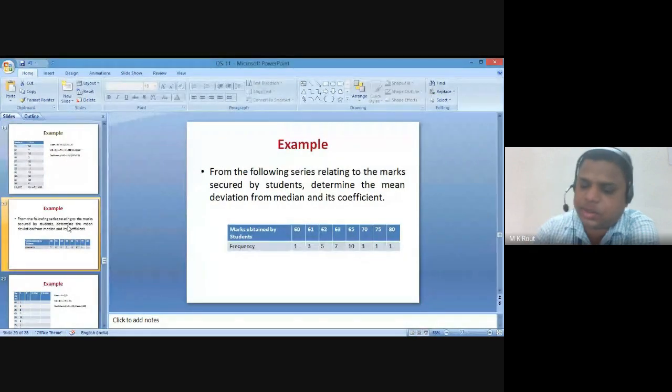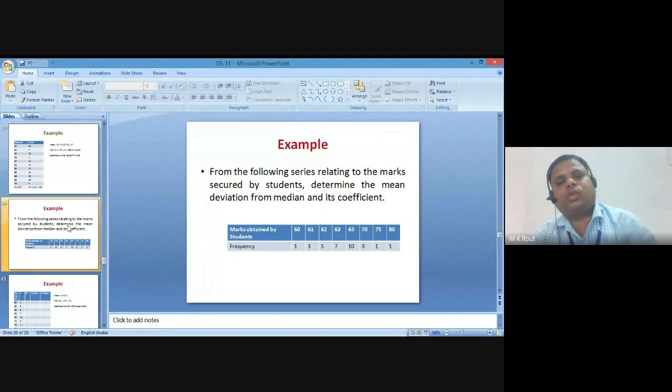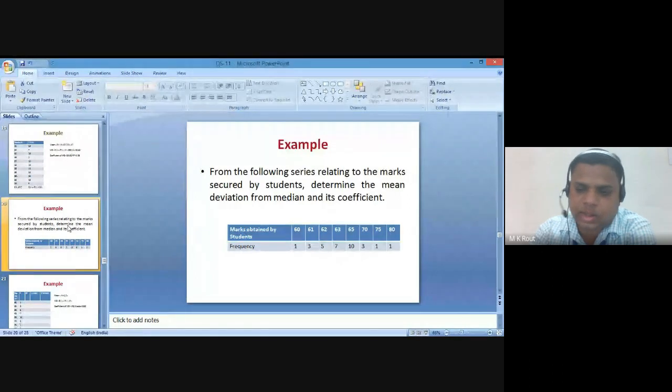Okay, so this is another type of problem. From the following series related to the marks scored by students, calculate the mean deviation from median and its coefficient. As I told, this type of data belongs to discrete series where the marks obtained by students are given: 60, 61, 62, 63, 65, 70, 75 and 80, and their respective frequencies 1, 3, 5, 7, 10, 3, 1, 1.